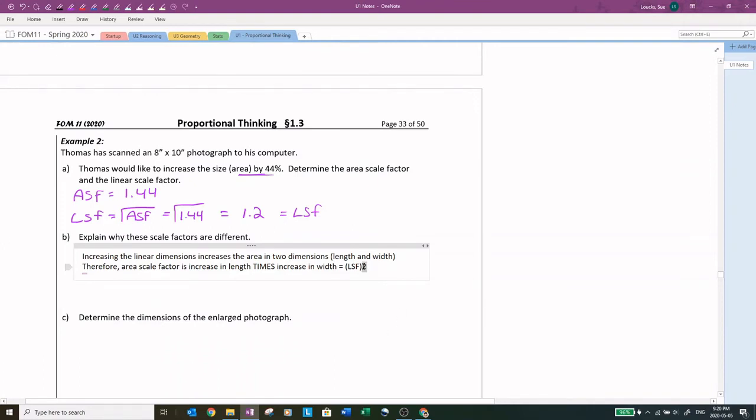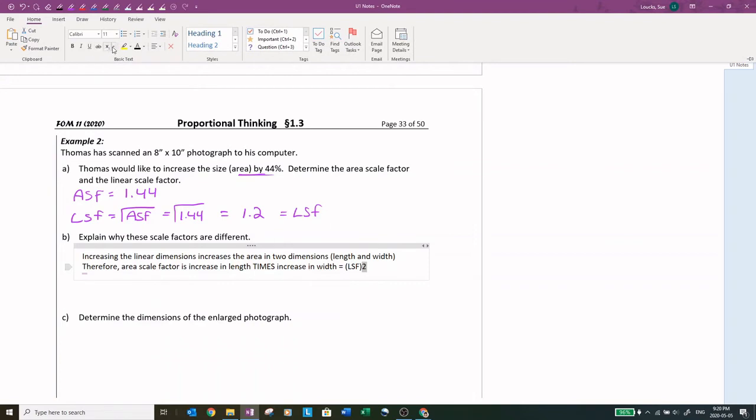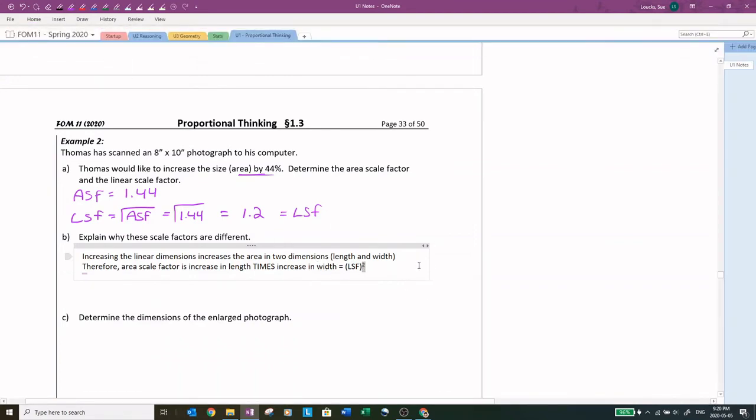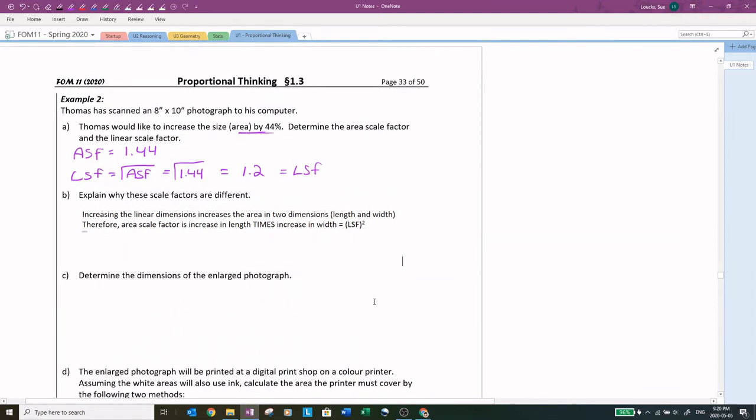Now, can I actually make that a superscript? Yes, I can. Okay, so basically one is increasing in a single dimension in a line, and one is increasing in the area.